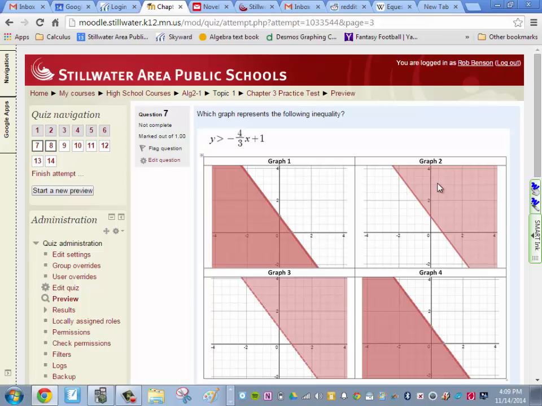Oh, we can handle this one. This isn't even a system of inequalities. This is just a single one. So I've got y is greater than -4/3 x plus 1. Now you could go do the point thing, but remember my little shortcut. When we have it in slope-intercept form, y equals mx plus b, but we're doing inequalities, y is something, mx plus b.